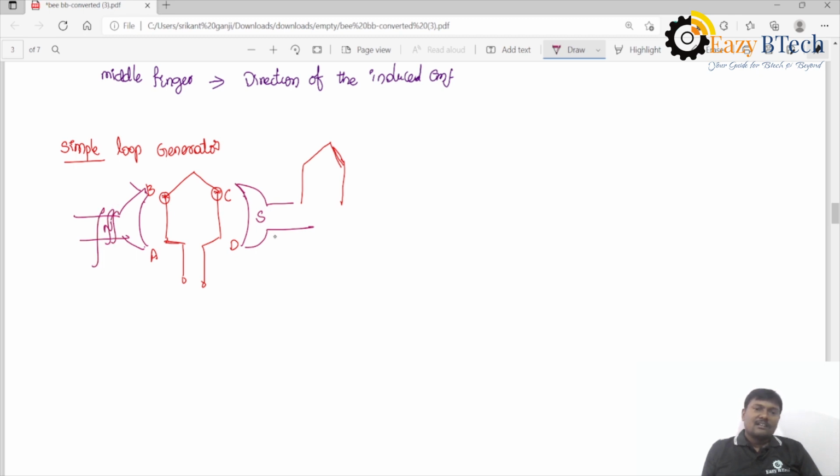And active length means up to this portion only; up to this portion only, the conductors experience the flux. You can observe here.